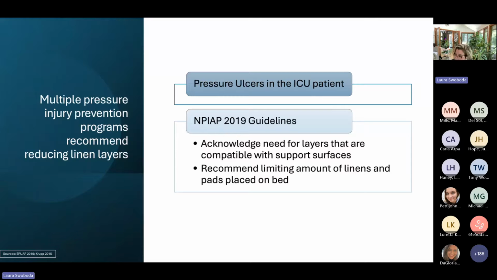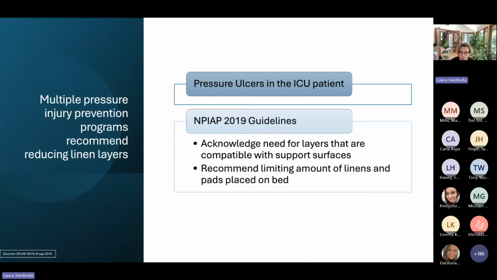Multiple pressure injury prevention programs and guidelines recommend reducing linen layers. So the pressure ulcers in the ICU patient recommendations recommend reducing the linen layers, as do the NPIAP 2019 guidelines that acknowledge the need for layers that are compatible with support surfaces.